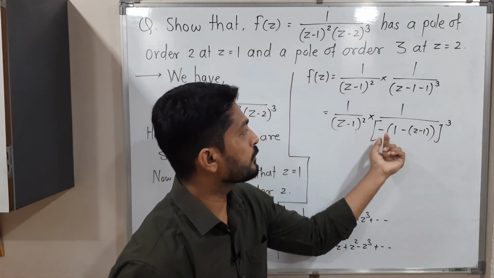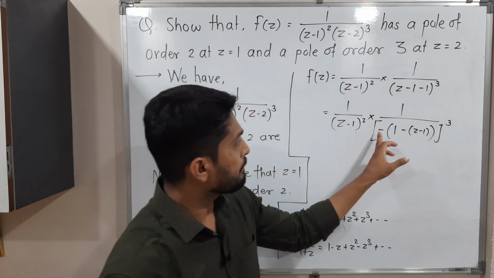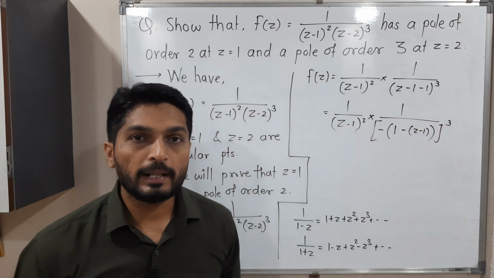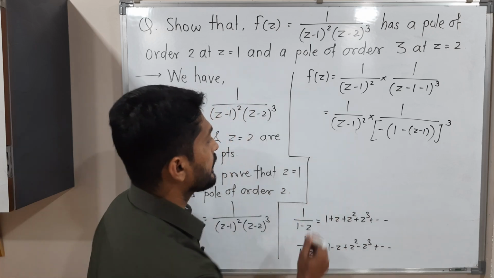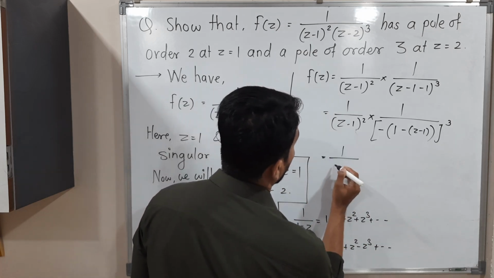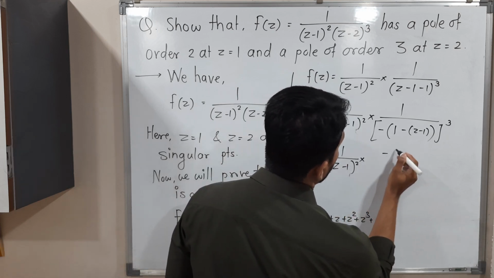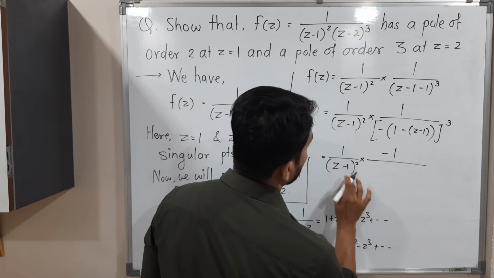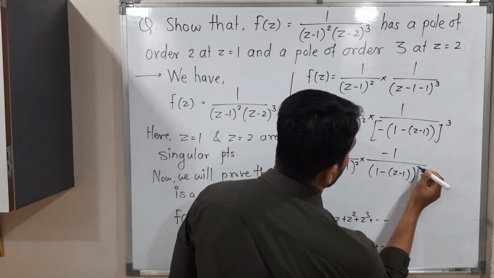By taking the minus sign common, it will be plus 1 and this term will have a minus sign. But minus cube means minus appears 3 times, minus into minus is plus, again minus. So it will be 1 upon (z minus 1) square into, that minus sign coming outside, I am writing it in the numerator, minus 1 upon (1 minus (z minus 1)) cube.